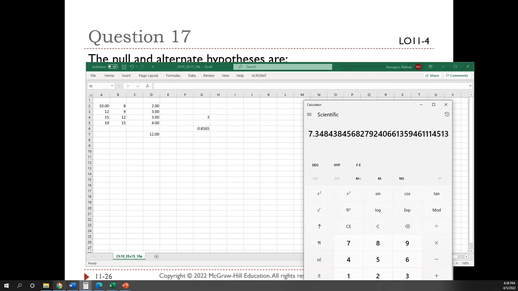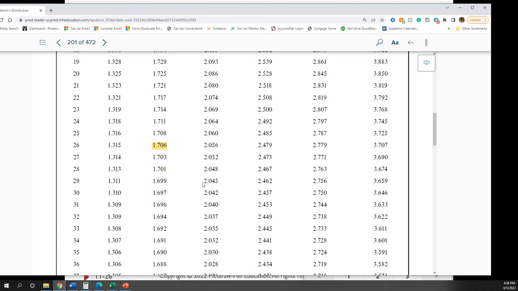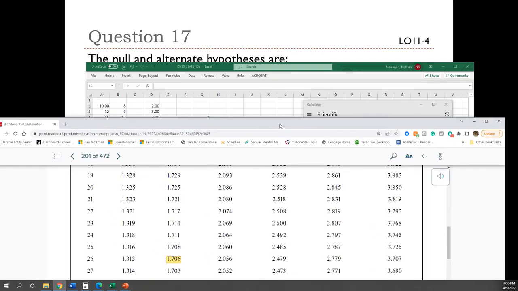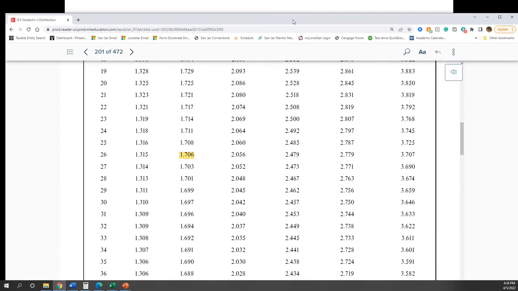There we go. And now we look at our t-chart to find our p-value. T-chart right here. So we're looking for 7.3484.